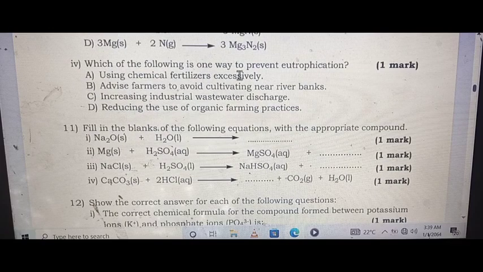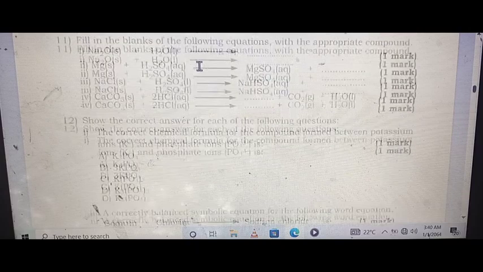4. Which of the following is one way to prevent eutrophication? The correct answer is letter B. Advise farmers to avoid cultivating near river banks.